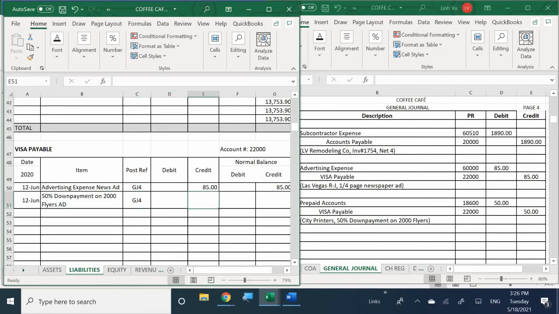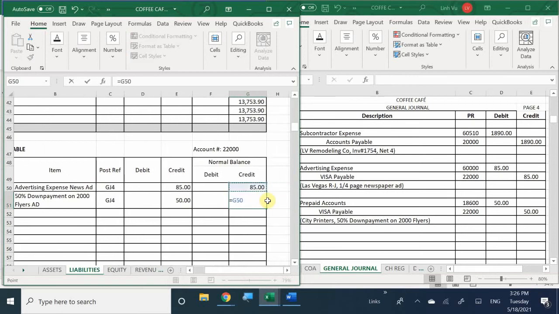This time we are increasing the amount that we owe the credit card company. So in our account balance, we take our previous balance, add any credits because credits increase liabilities, and subtract any debits because debits decrease liabilities.